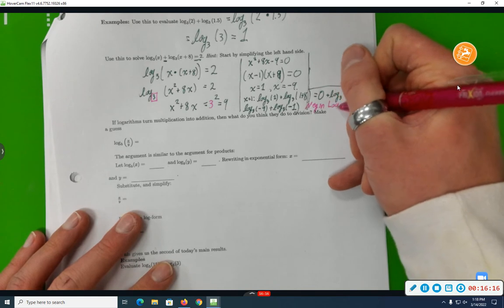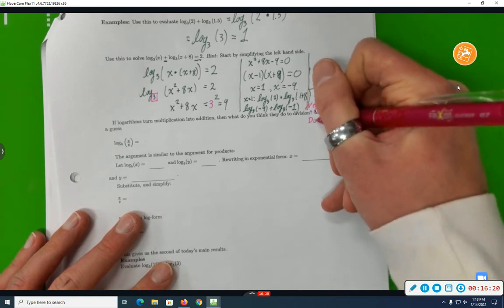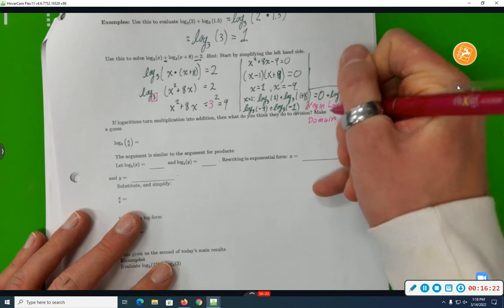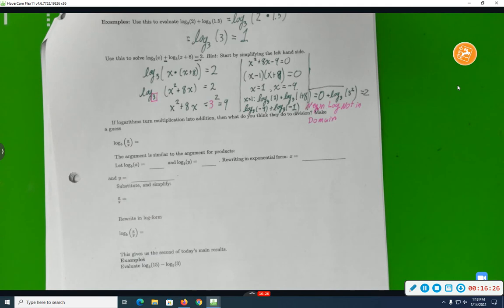Negatives in a log. This is not even in the domain. So is x equal to -9 actually a solution to the equation?